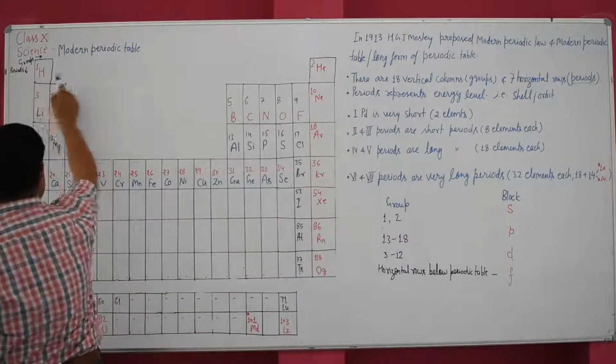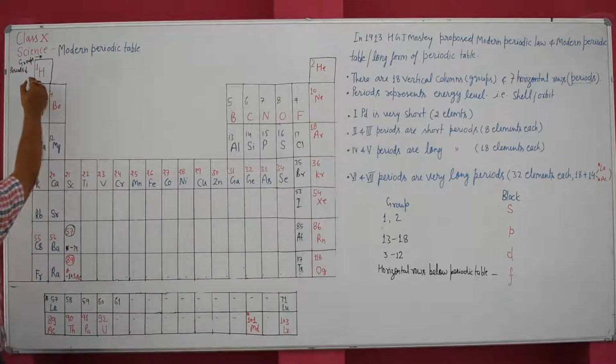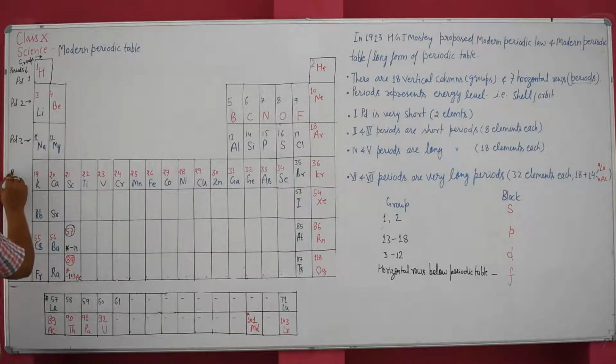Row number 1, row number 2: period 1, period 2, period 3, period 4, period 5, period 6, and this is period 7.